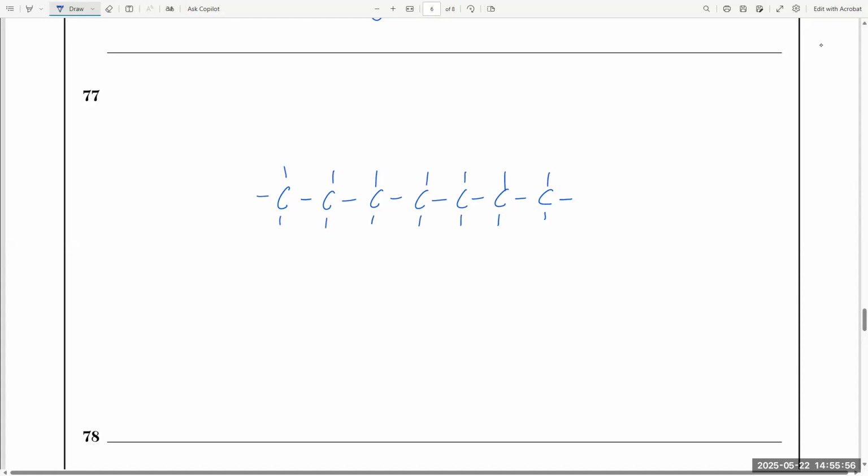Now, you could go ahead and put H's all around, but this right here is completely acceptable. You can go waste your time and put H's in, completely unnecessary, but you can do that as well. So the way it was before I put all those H's is a completely acceptable correct answer, or you could also go ahead and fill in all the H's, and that's how you do it.